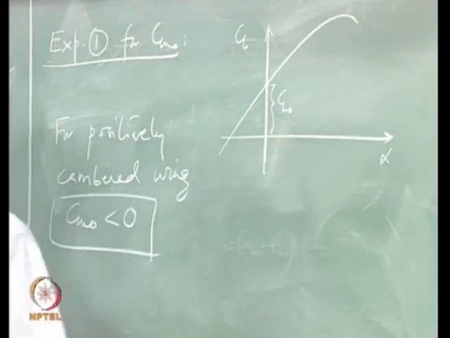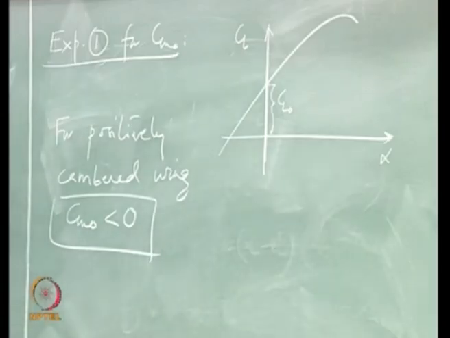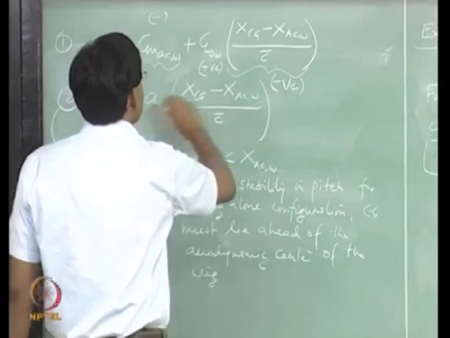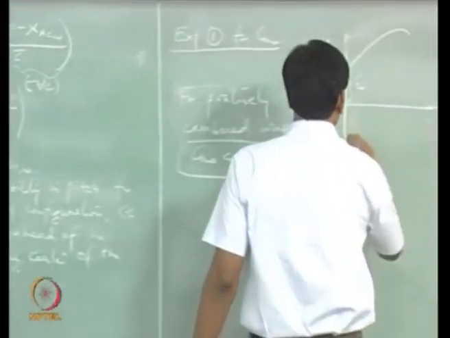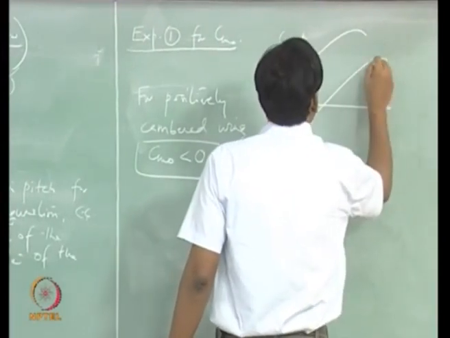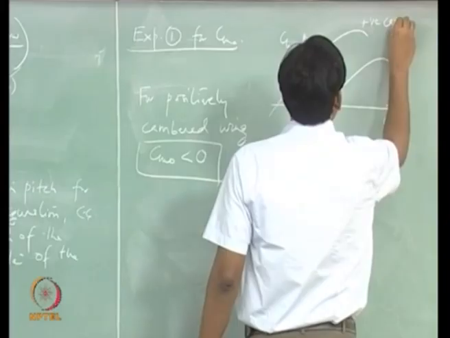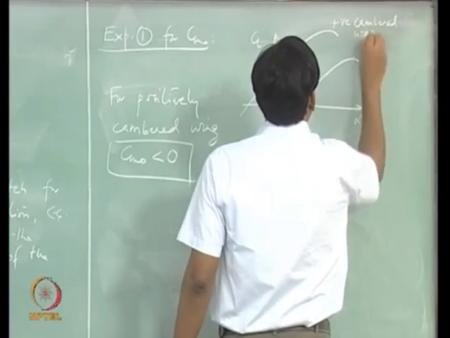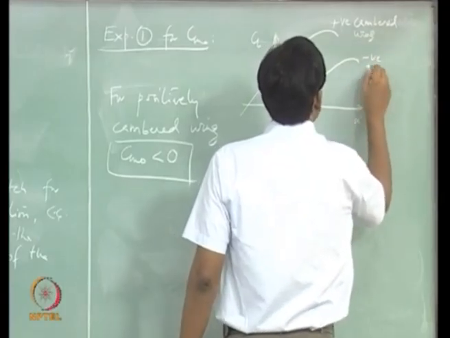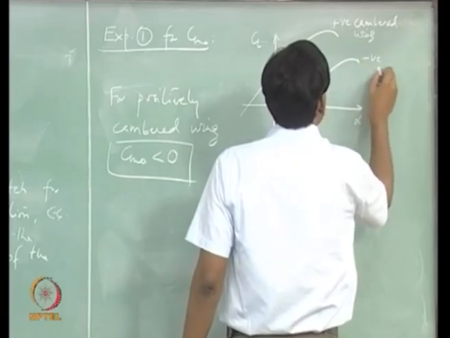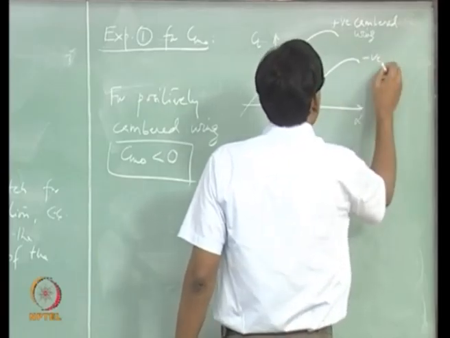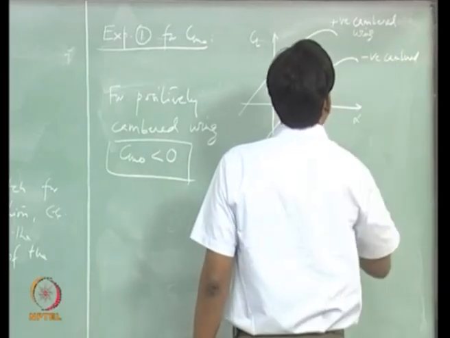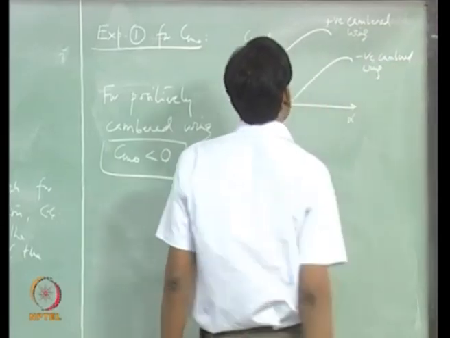But if we look at a negatively cambered wing, then this term is negative, Cl naught W. So, this is positively cambered wing sections, and this is negatively cambered wing section.